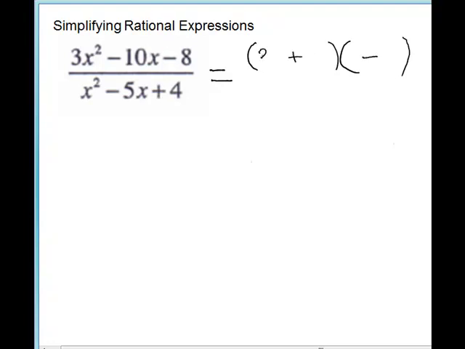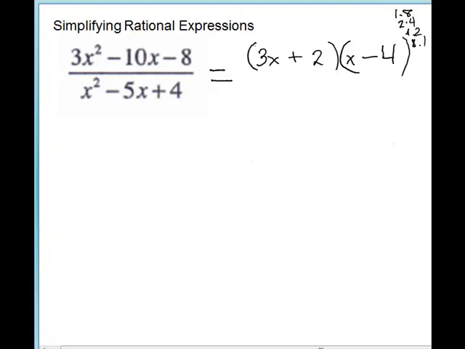For 3, I would have to use 3 and 1. And for 8, I can try 1 times 8, 2 times 4, 4 times 2, or 8 times 1. So I would have 4 possibilities there. The choice that works is 2 and 4.